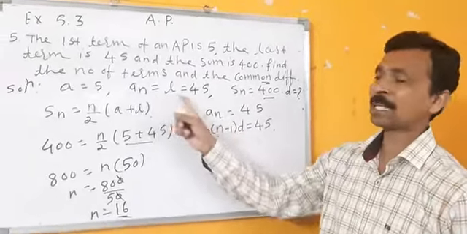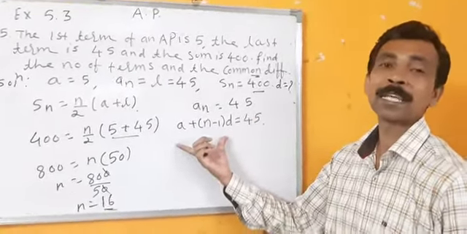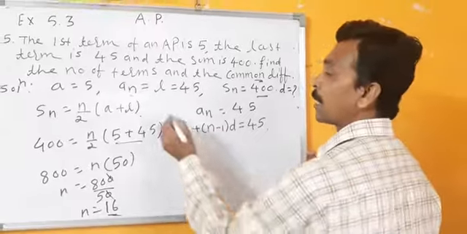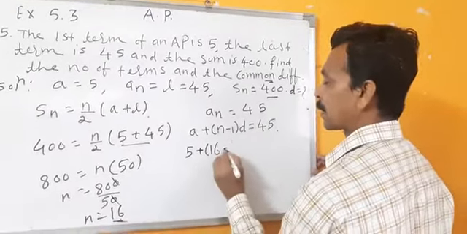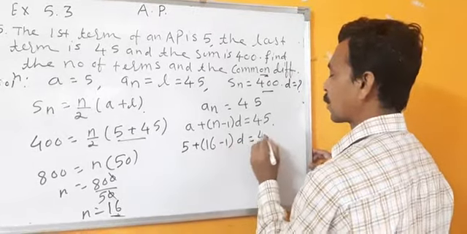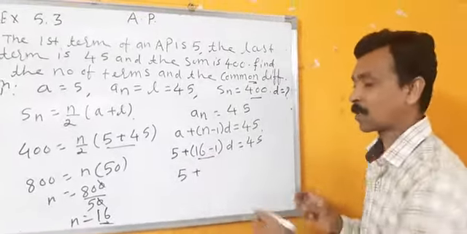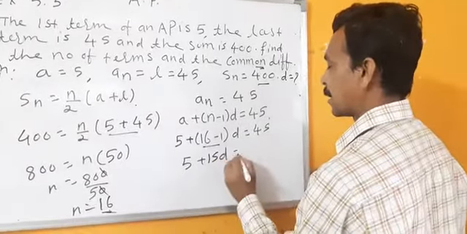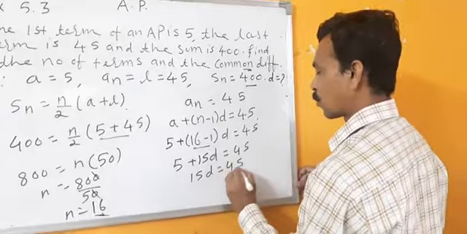Formula for AN is A plus N minus 1 into D. A is 5 plus we got n, 16 minus 1 into d is equal to 45. 5 plus, what is 16 minus 1? 15d is equal to 45.